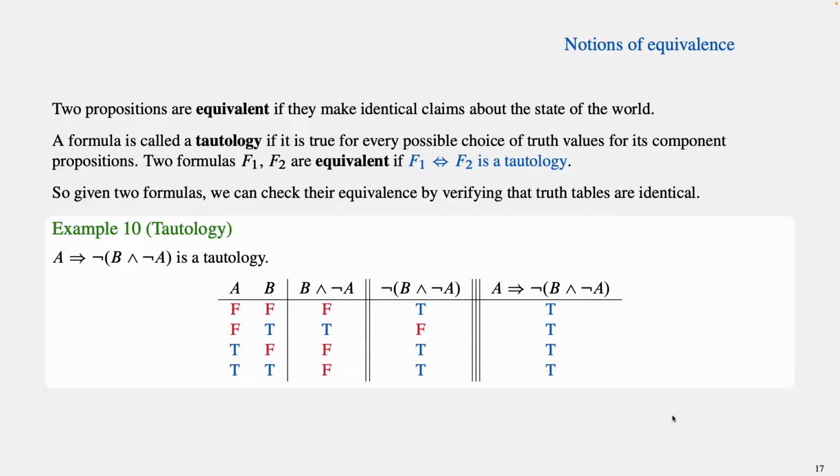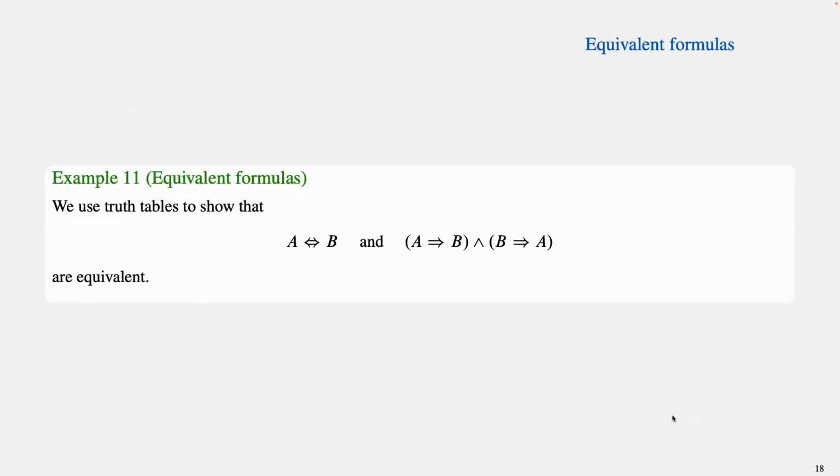Okay, and now we've seen a tautology and we want to see an equivalence as well. So we use truth tables to show that the formula A equivalent B and the formula A implies B and B implies A are equivalent. So I already mentioned that before, that this is what we intuitively expect from the meaning of the equivalence, but let's verify this formally with truth tables.